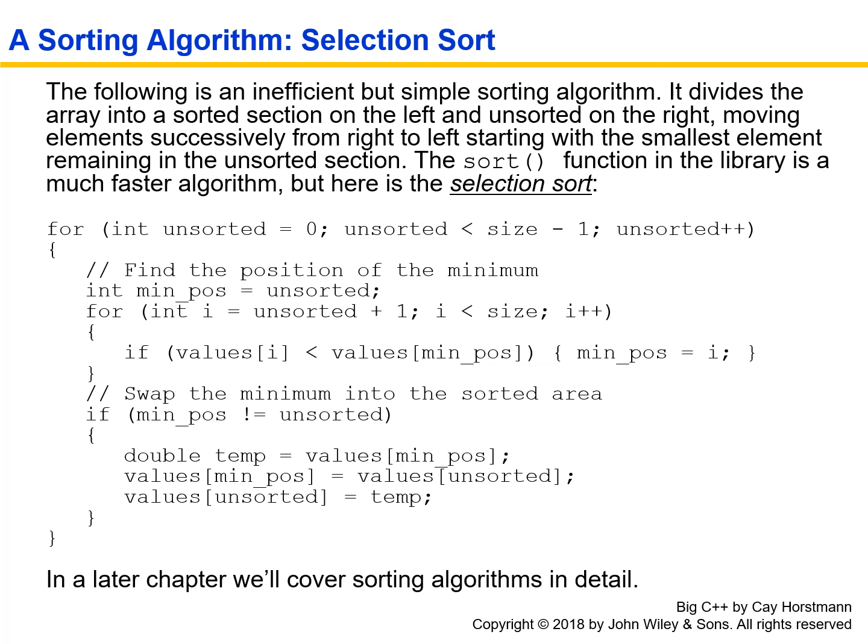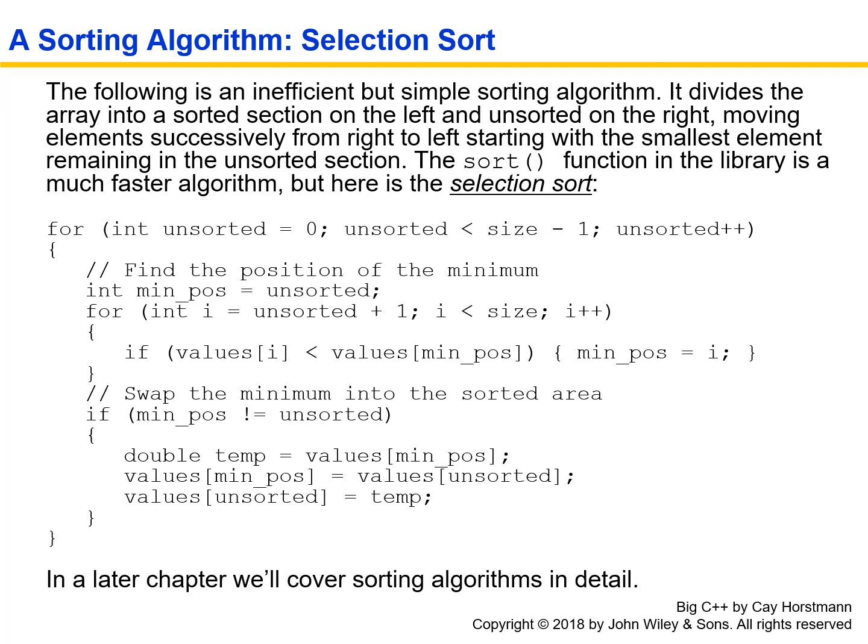If you want to study sorting algorithms, there are a number of them out there, ranging from the spectacularly inefficient bubble sort to the relatively efficient quick sort. This is a somewhere in the middle algorithm where we read through the entire array once to find the minimum, swap the minimum into the sorted area, then read through the array starting after that one sorted value.